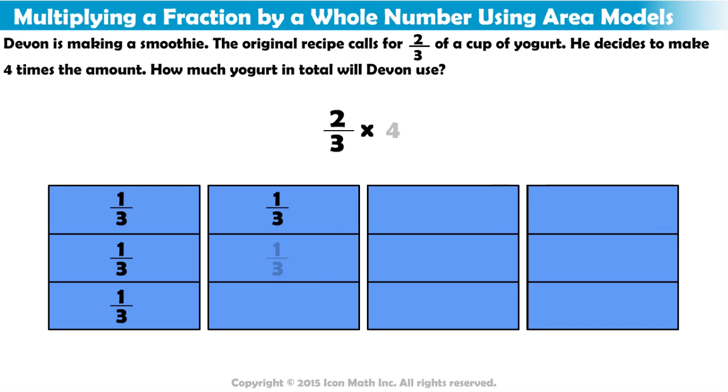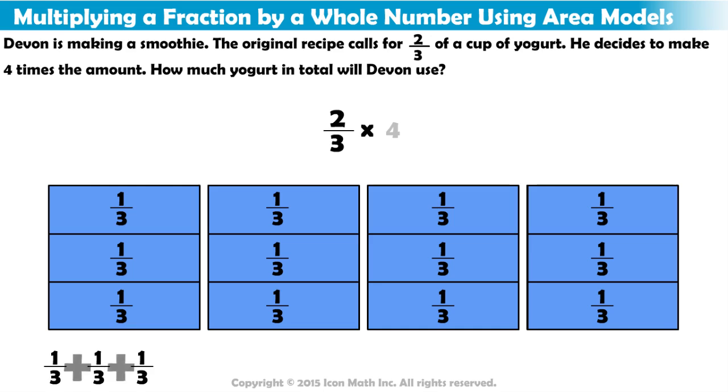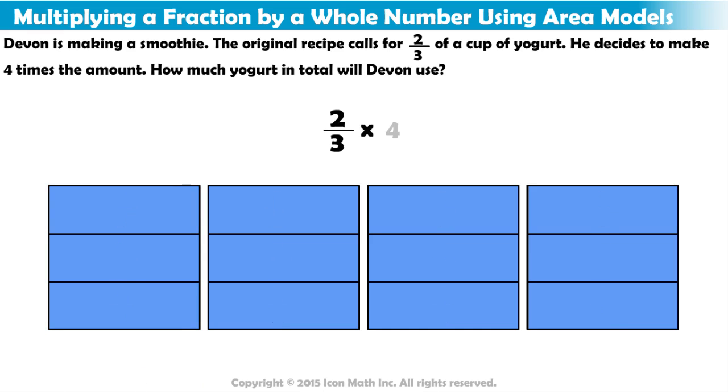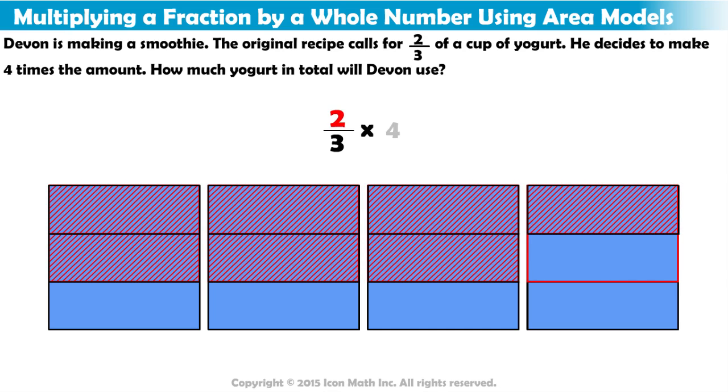Each part now represents 1/3, because 3/3 equals 1 whole. The numerator of our fraction is 2, so we shade 2 of the 3 parts for each area model in red.